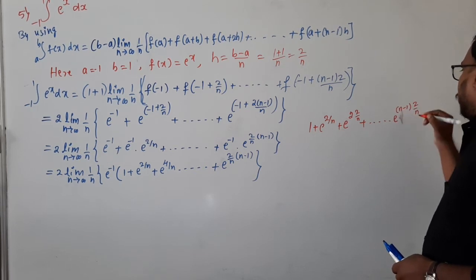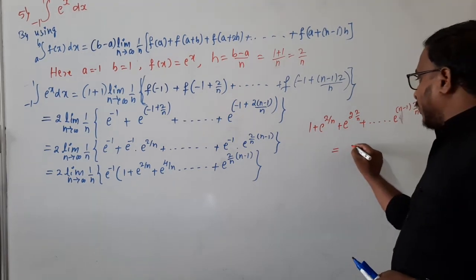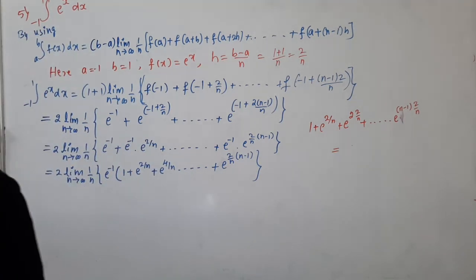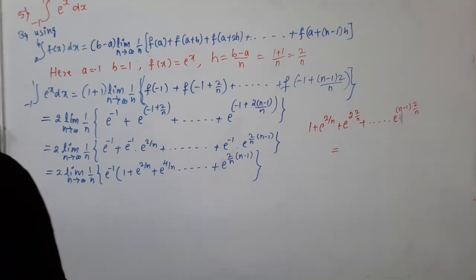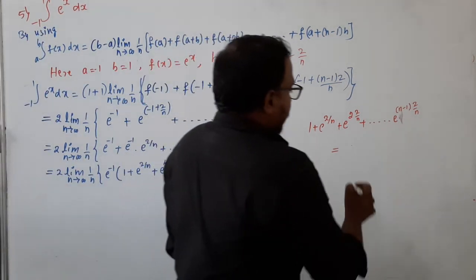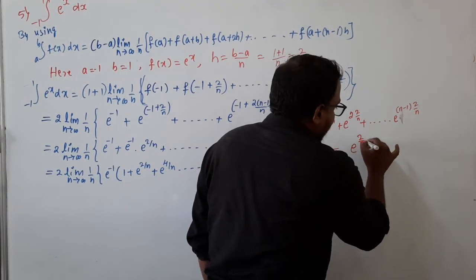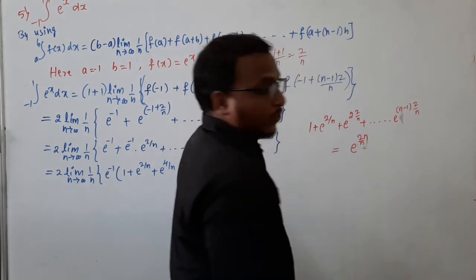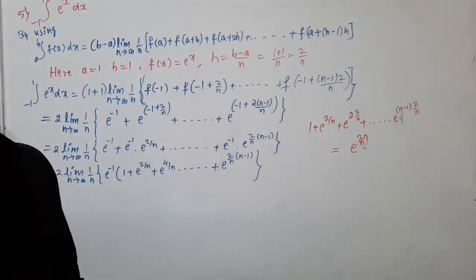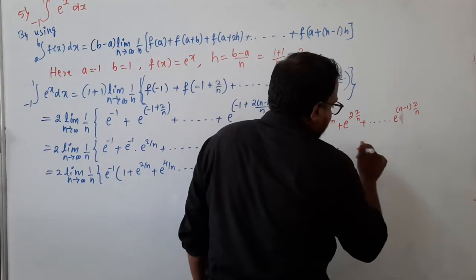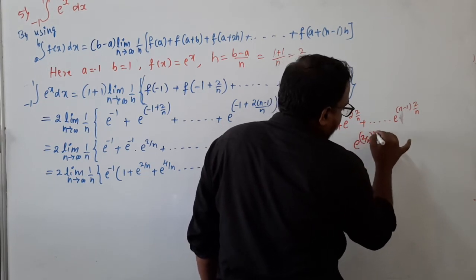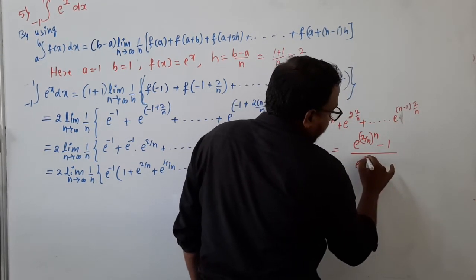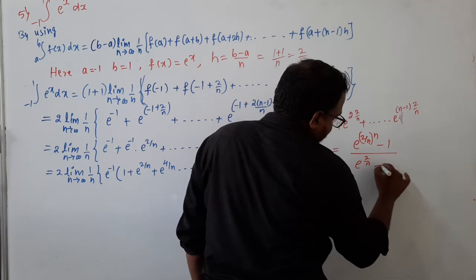This is equal to e to the power 2 by n to the power n, minus 1, divided by e to the power 2 by n, minus 1.